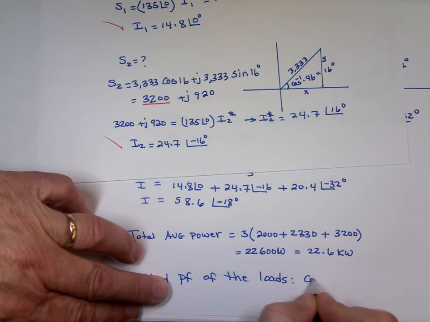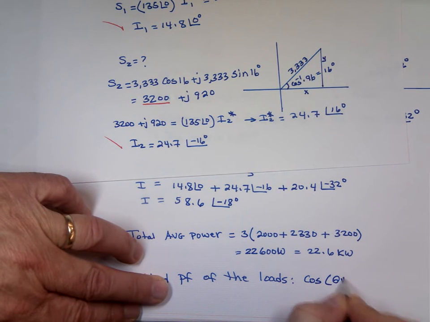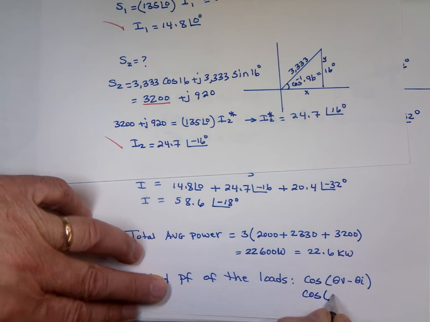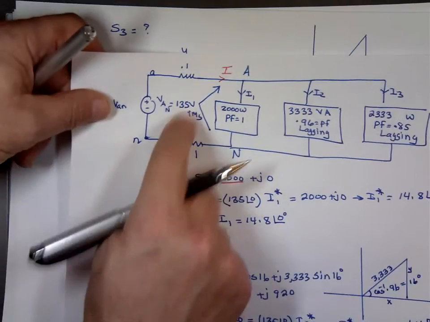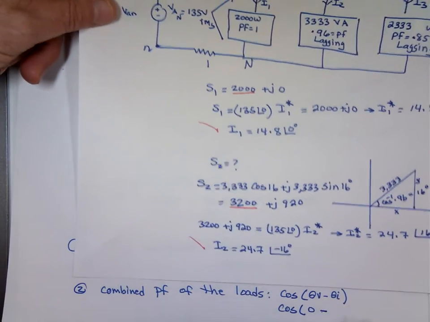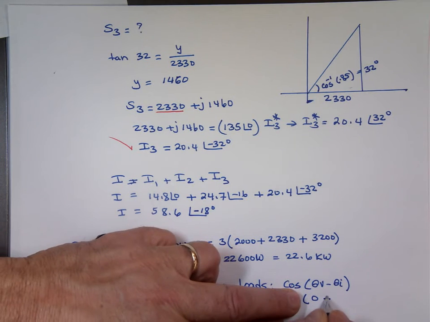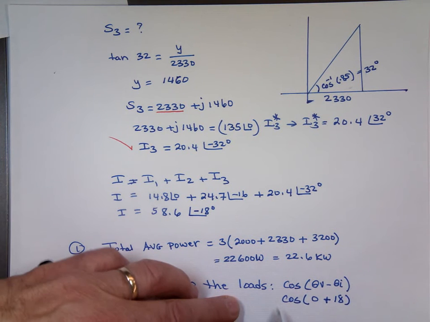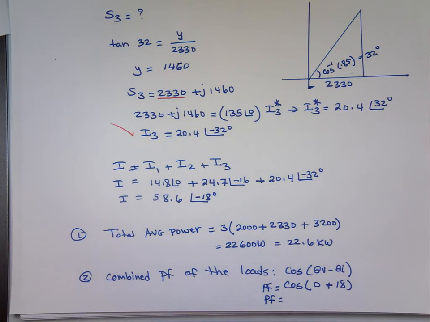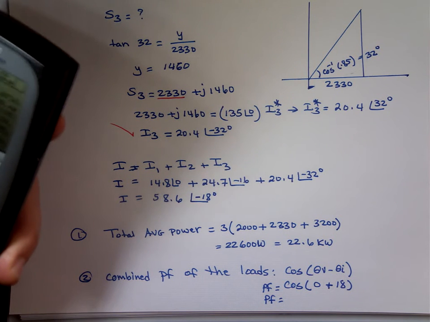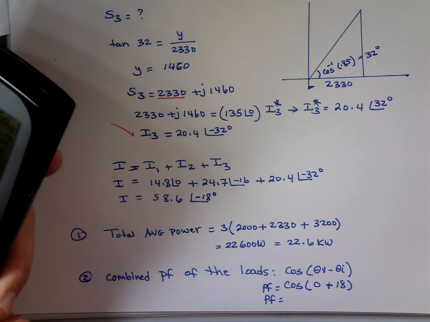Cosine of theta V minus theta I. Theta V for the combined loads is 0. The voltage here is 0 minus the current. What is the combined current? We just did that. Is it negative 18? So minus a minus, that's plus 18. The fact the angle is positive tells me it's lagging. So what's cosine 18 degrees? Cosine of 18 degrees is 0.95 lagging.